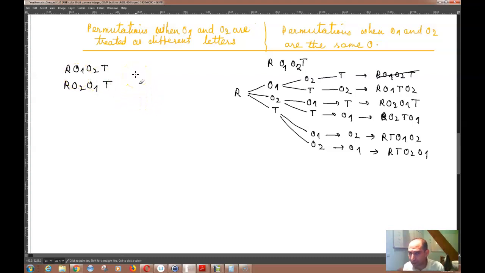So these are the permutations when O1 and O2 are treated as different letters, right?